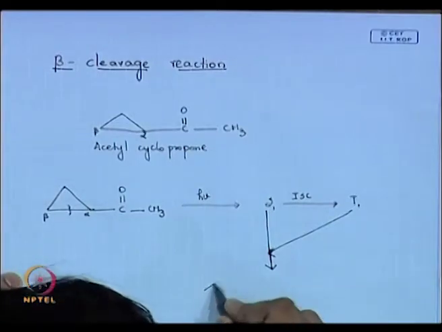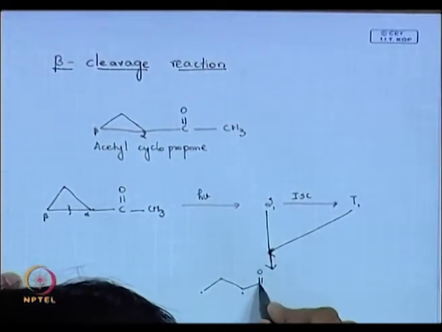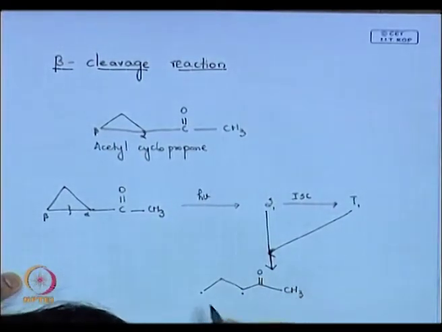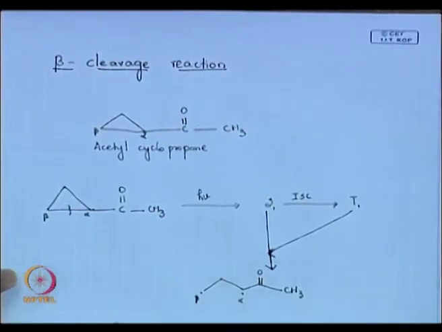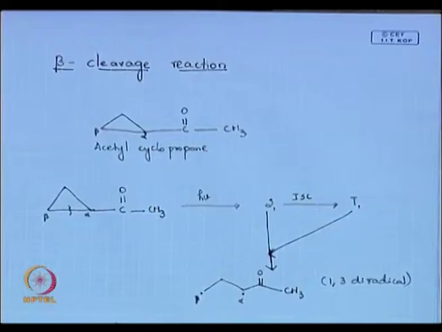If I break this, I get this. So, what is this? This is your 1,3 diradical. Fine. So, this is your primary photochemical process.